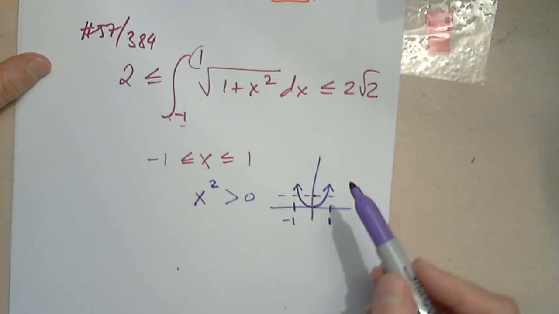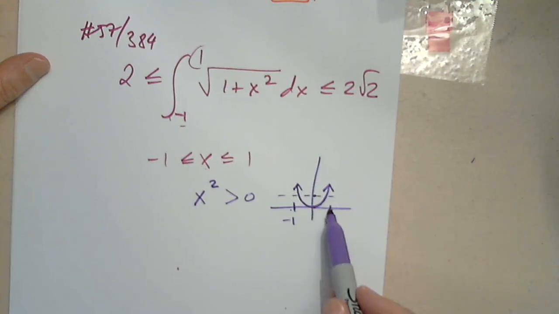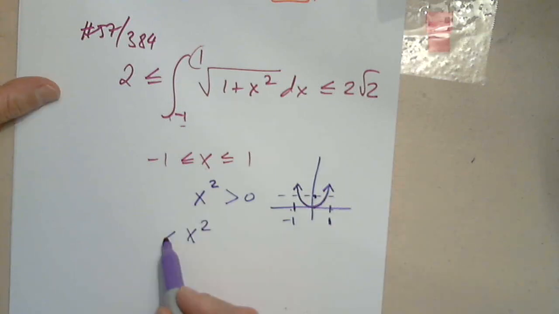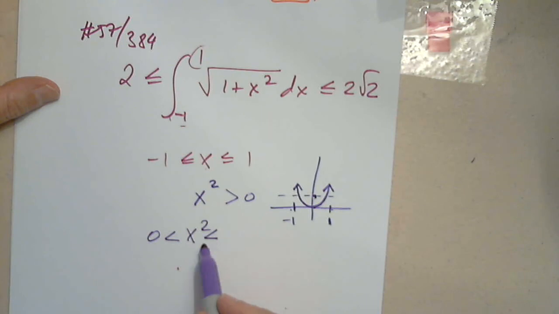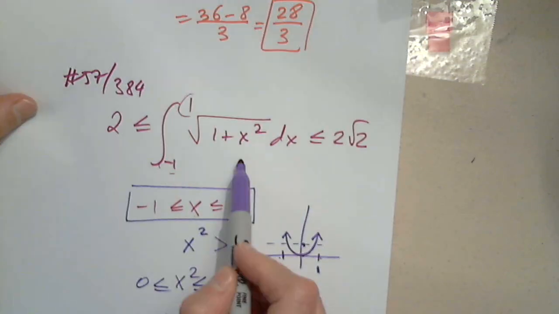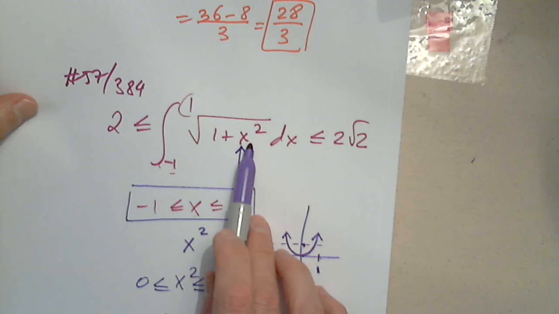For any x value between negative 1 and 1, the y value, x squared, will be between 0 and 1. Why do I need this? Because I see the x squared inside the square root. Of course, 1 is less than or equal to 1 plus x squared, which is less than or equal to 2.